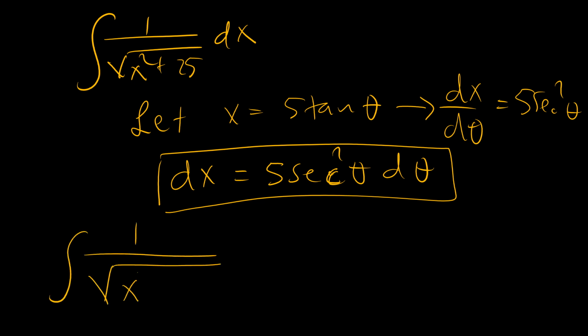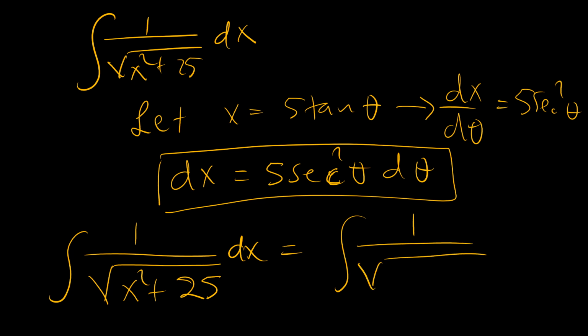So what that means is this problem becomes, in the theta domain, in place of x we have 5 squared tan squared theta plus 25. In place of dx we have 5 sec squared theta d theta.